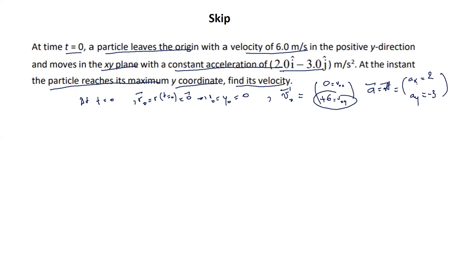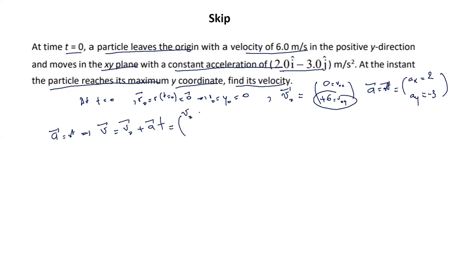Okay, so the acceleration is constant. So you know, constant acceleration motion. Since a is constant, that means that v is just v0 plus at. So what does it mean here? It means that v has two components. This is true along x and along y.